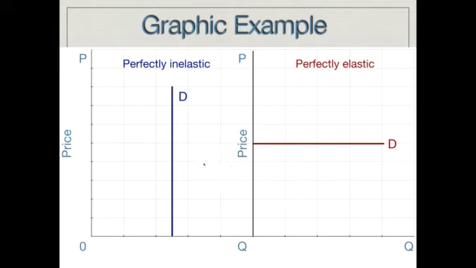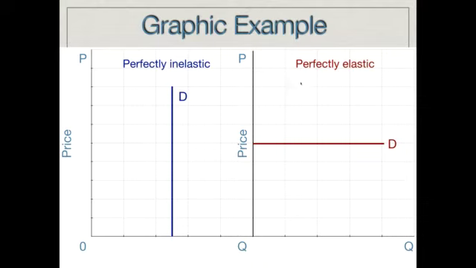And a convenient way to remember this is that if you look at the word inelastic, it has the letter I, and you can see here that the letter I is completely vertical, as is the perfectly inelastic demand curve. So a convenient memory tool is that if you're looking to graph something that's perfectly inelastic, make it look like the letter I, make it vertical.